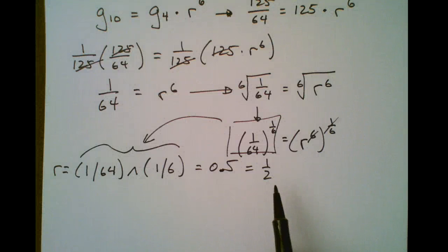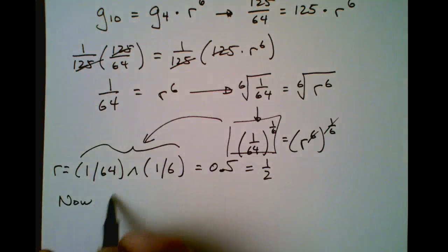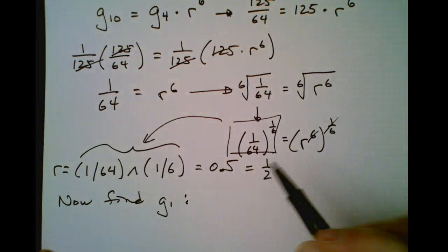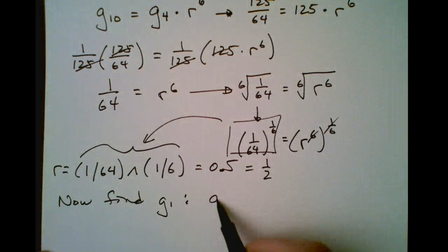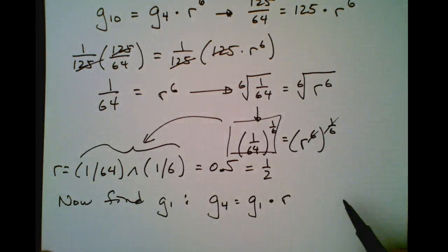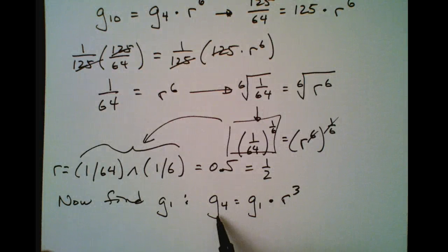I'm going to do the same process, except now I have to find g sub 1. I'm going to use the 4th term, so I'm going to use the same type of relationship. I know g sub 4 is equal to g sub 1 times the common ratio. How many times? Well, we go from 1 to 4. It's 3 times. Substitute in what I know.